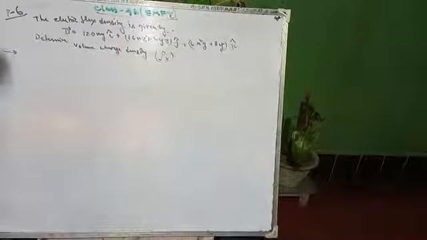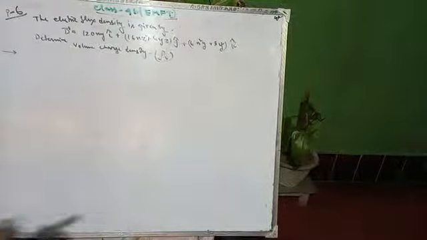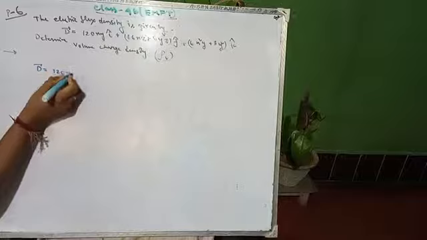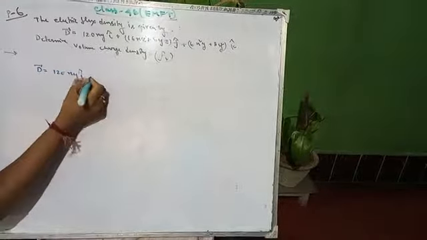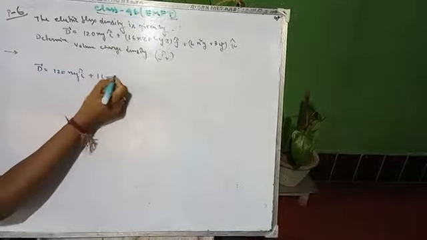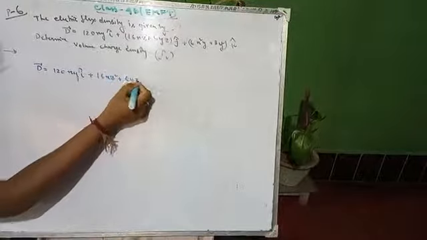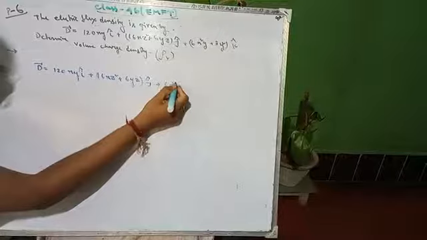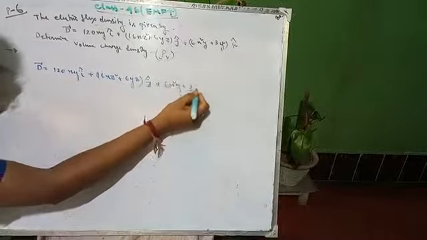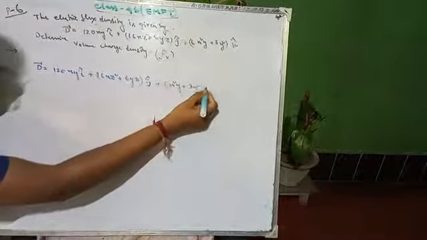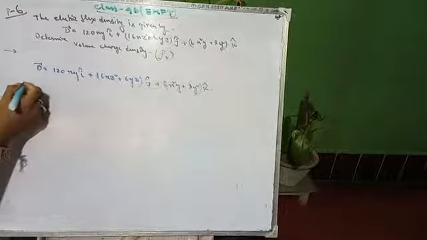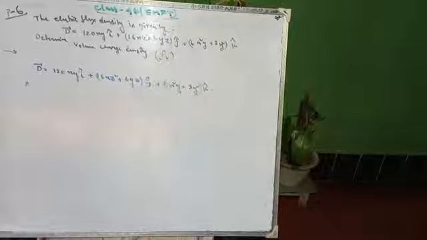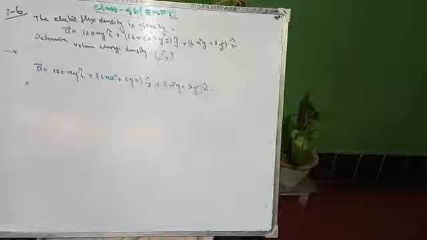For this numerical, it is given that D vector equals 120xy i cap plus (16xz square plus 6yz) j cap plus (6x square y plus 3y square) k cap. So what is the formula for volume charge density rho v in terms of D vector?